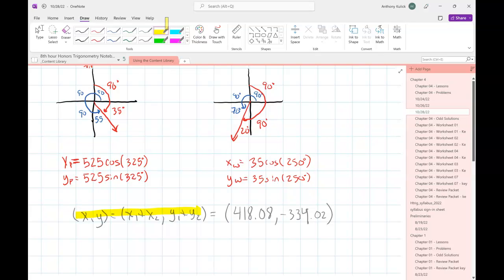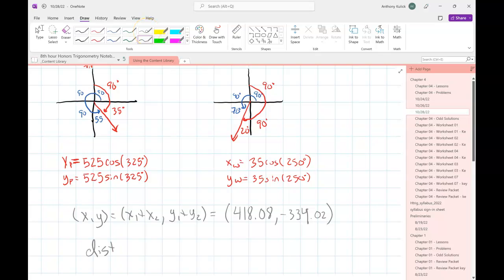Once I drew the picture once, I can see that that's going to be what I have to do every single time. So why draw the picture over and over again? It's such a headache. It took up a bunch of space. It didn't really help me once I had this relationship. That's all I needed.